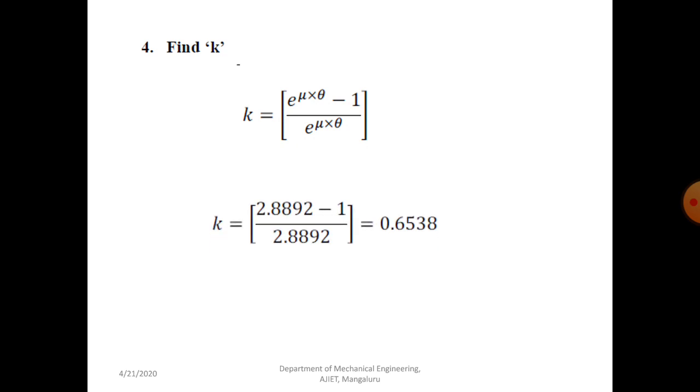How to find the value of k? That is based on the smaller pulley, so that is (e to the power mu s theta s minus 1) divided by e to the power mu s theta s. Based on this you can calculate k, that is (2.8892 minus 1) divided by 2.8892, so you'll get 0.6538.